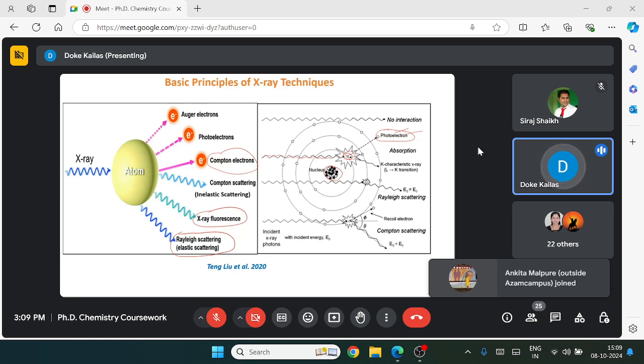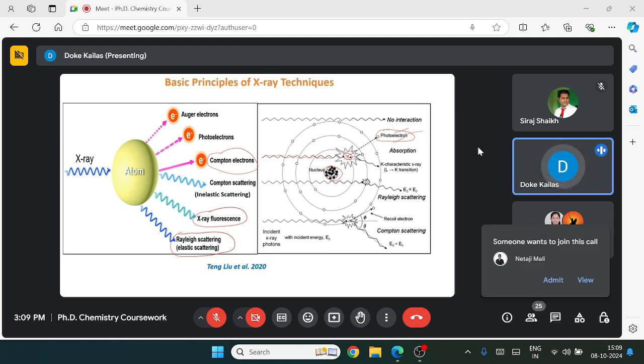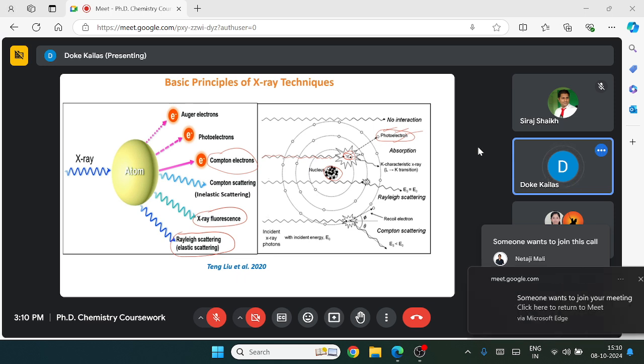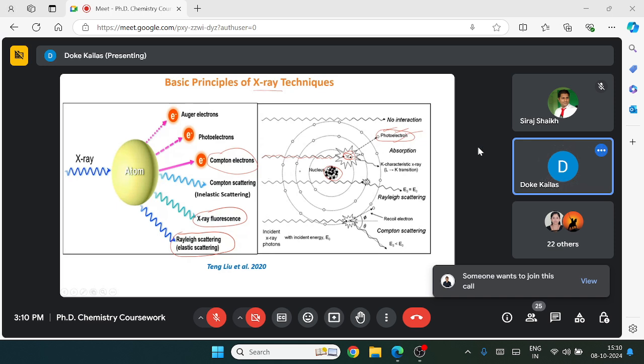That electron is called a photoelectron. So this technique is called photoelectron spectroscopy because we are measuring the kinetic energy of the ejected photoelectron by the incident X radiation. So that's why this technique is called X-ray photoelectron spectroscopy.